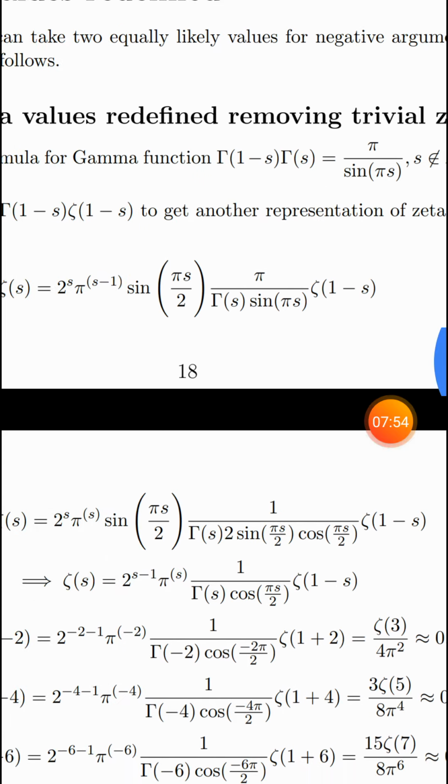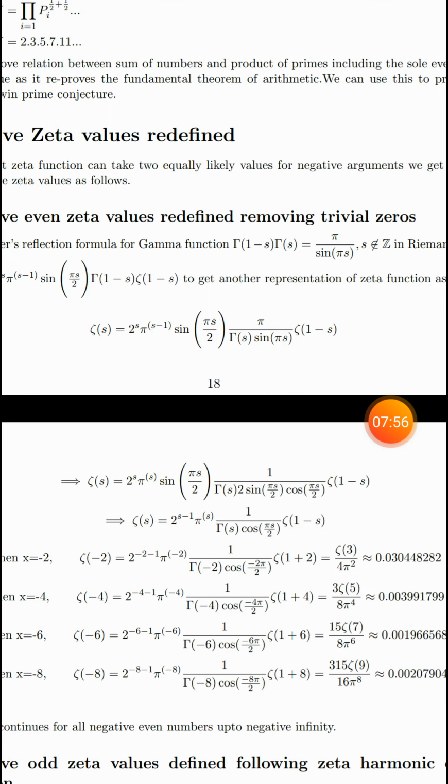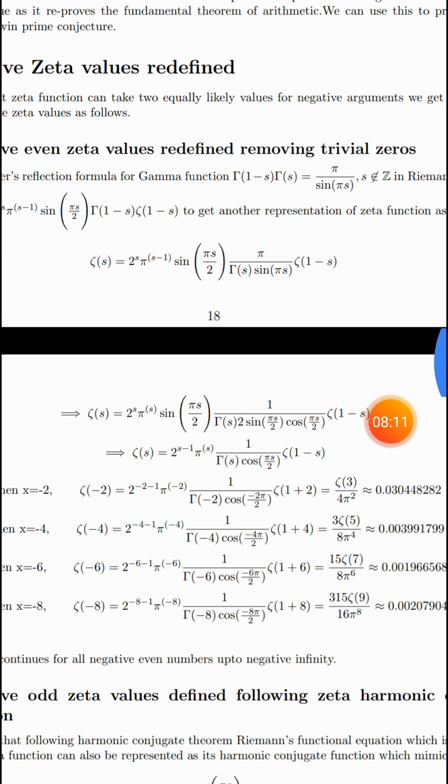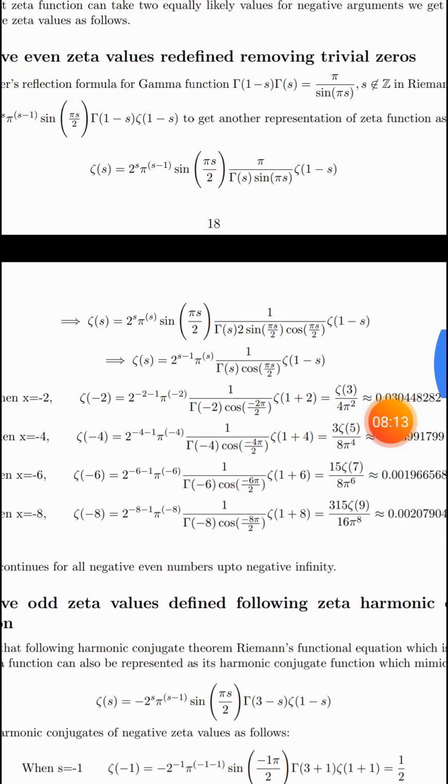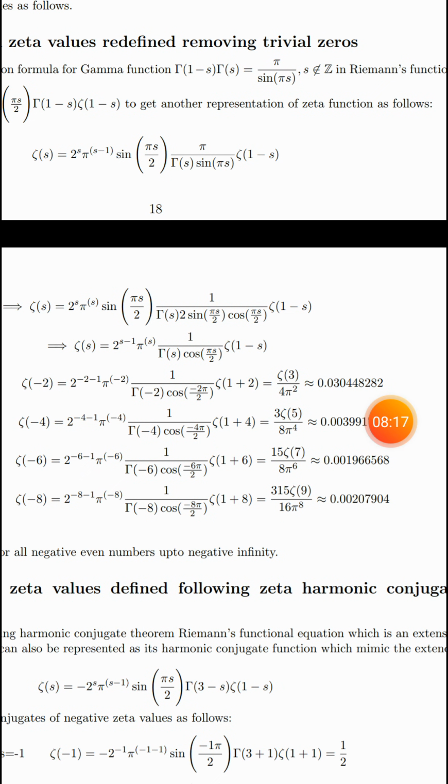Because in the functional equation of Riemann, if we put this, then we can get one more relationship coming out of this in the cos form, which will enable us to turn the zeros into something more meaningful.